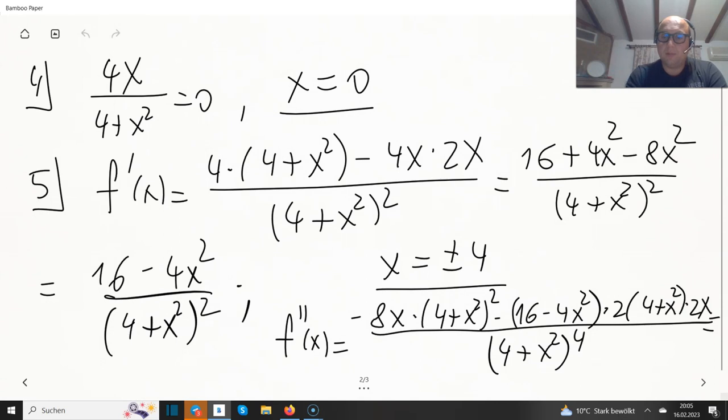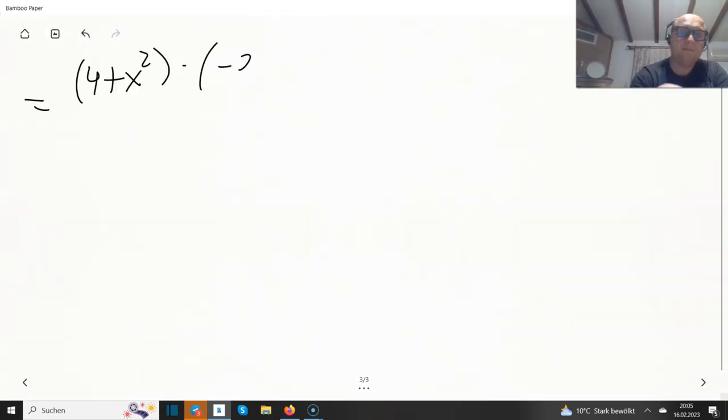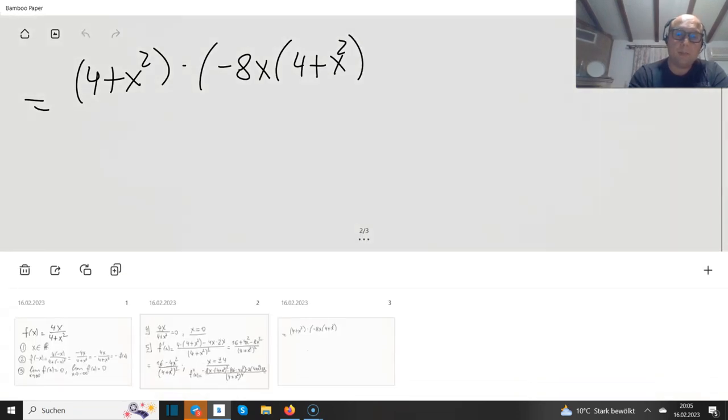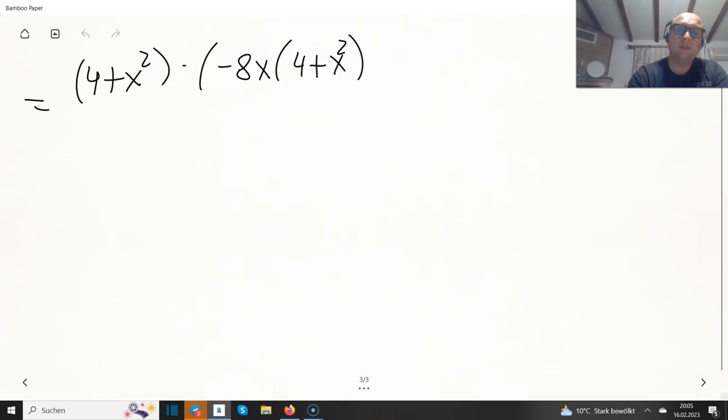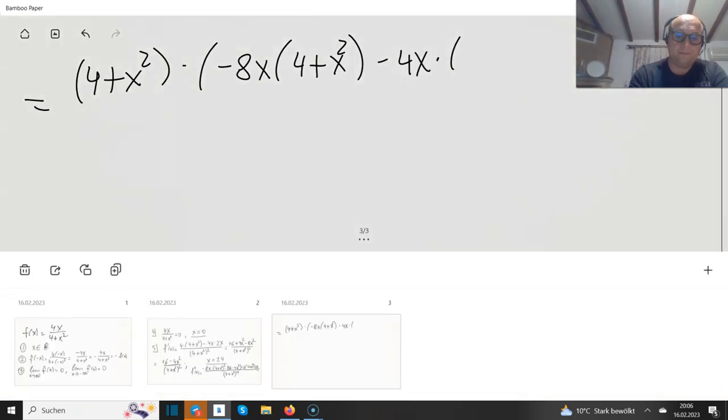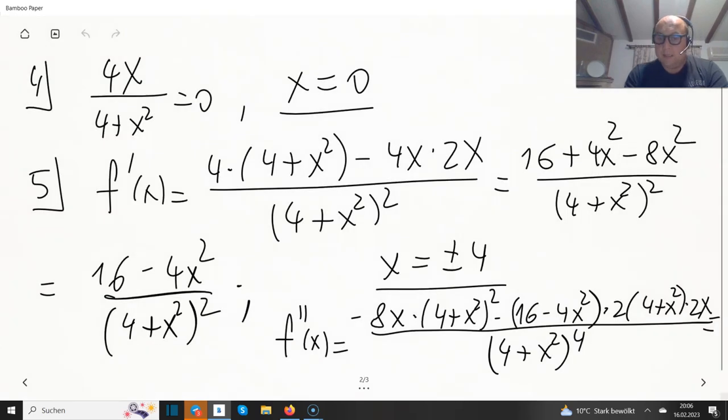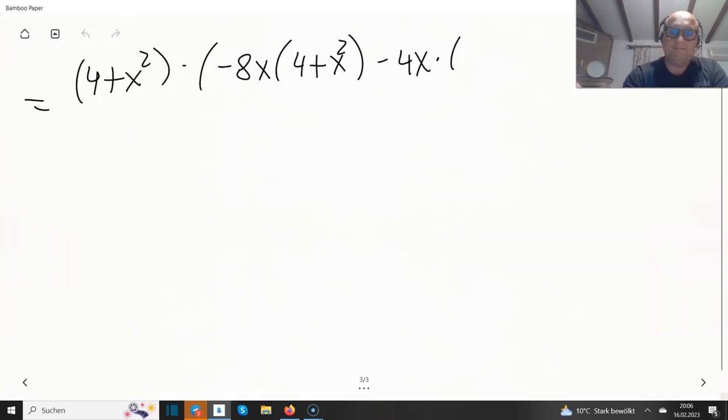So we are going to get minus 8x times 1 more 4 plus x squared, and then we are having minus 4x in front, and then 16 minus 4x squared.